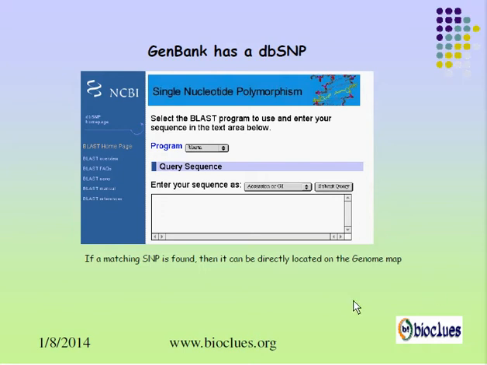It is the most commonly used tool to analyze the SNPs in your sequence, and it would also help you to locate directly where these points are located on your genome.